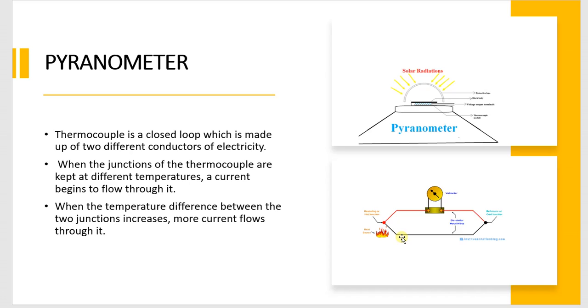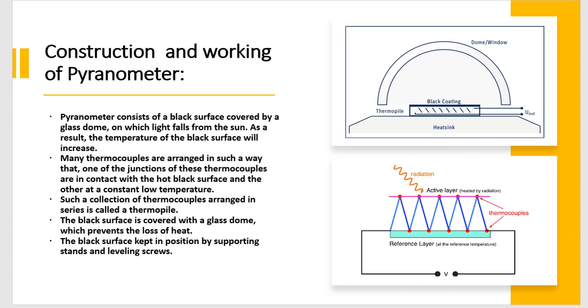Now we are making use of that property to measure the radiation. Let us see in detail what is happening here. This is the glass dome of the pyranometer, and inside it there is a surface with a black coating, and below it thermocouples are arranged like this.